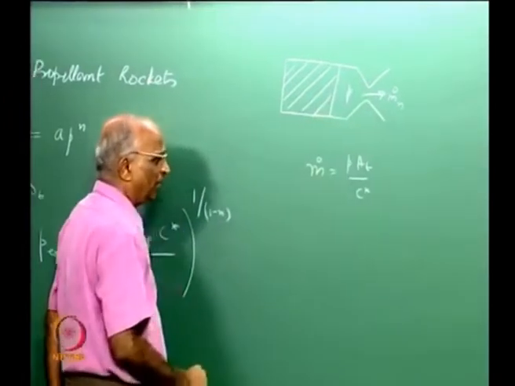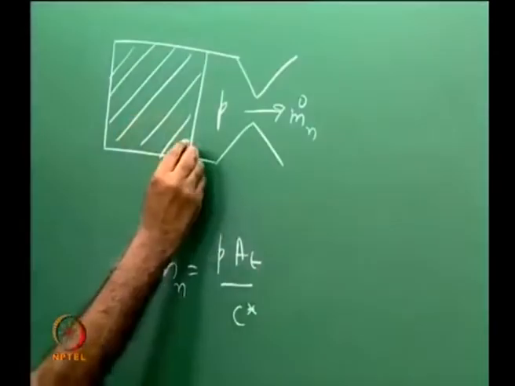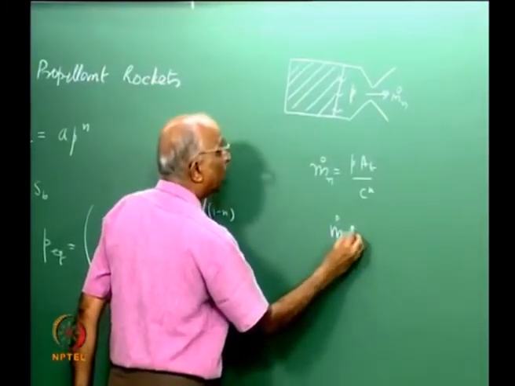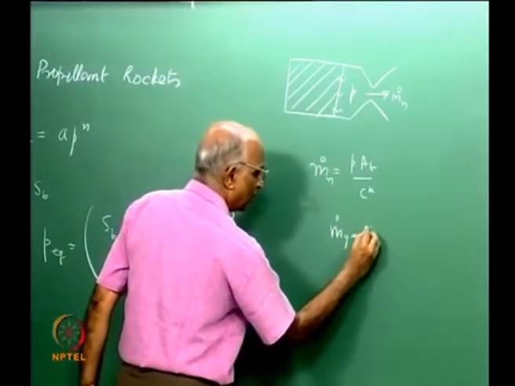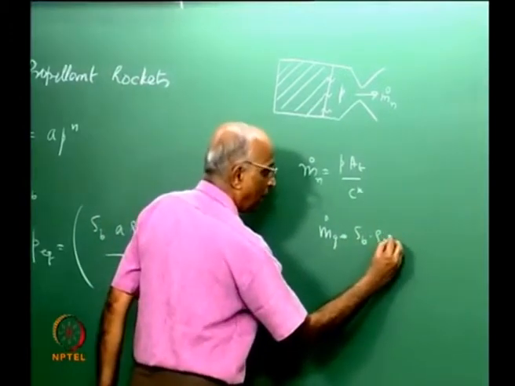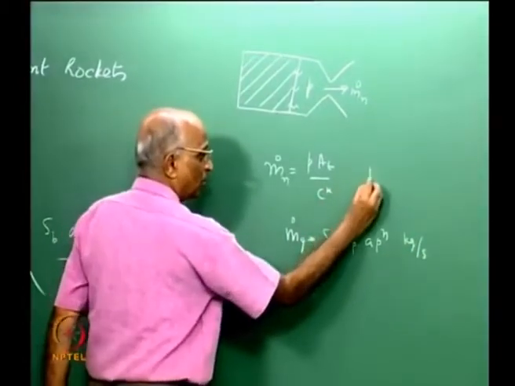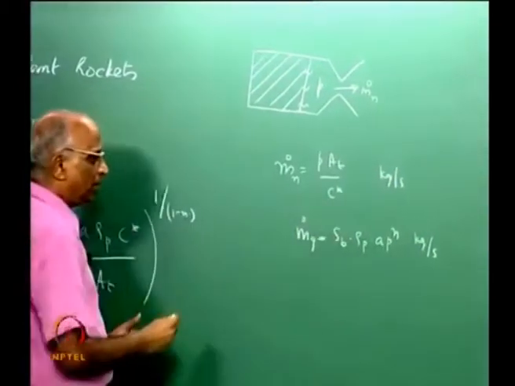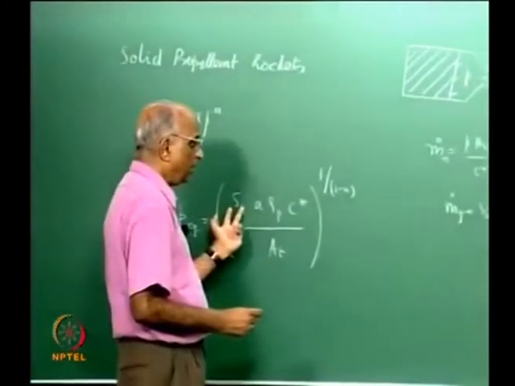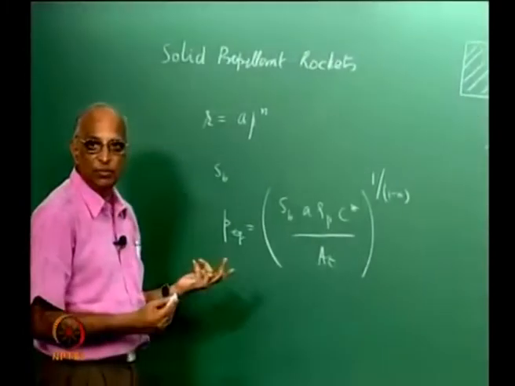The rate at which mass is generated from the burning of propellants is Sb into the propellant density into the burn rate r, which is equal to aP^n, so much kilograms per second. We equated the two, and taking P over here, I get 1 minus n, Sb a rho p into C star divided by At, and this is the equilibrium pressure.